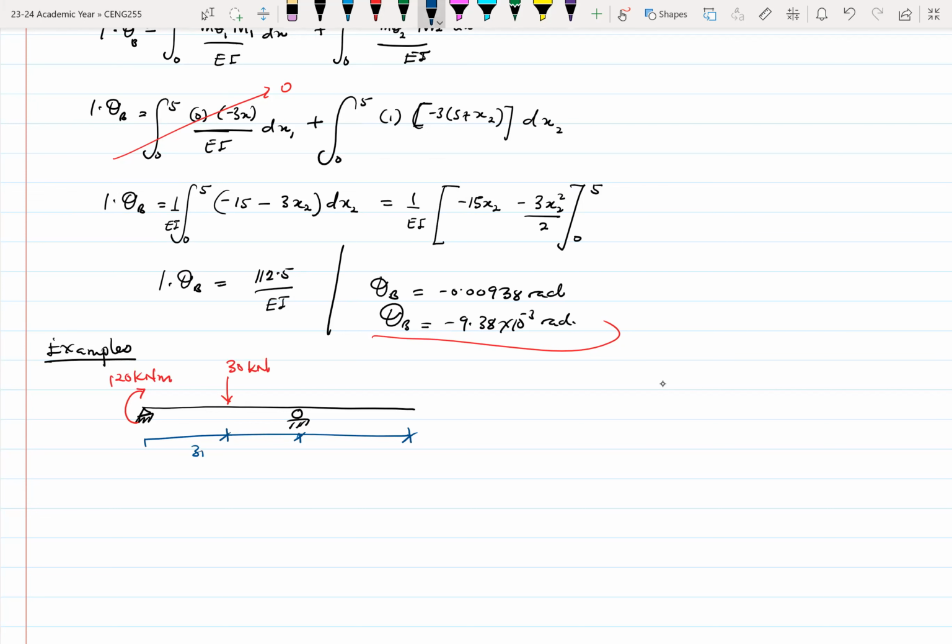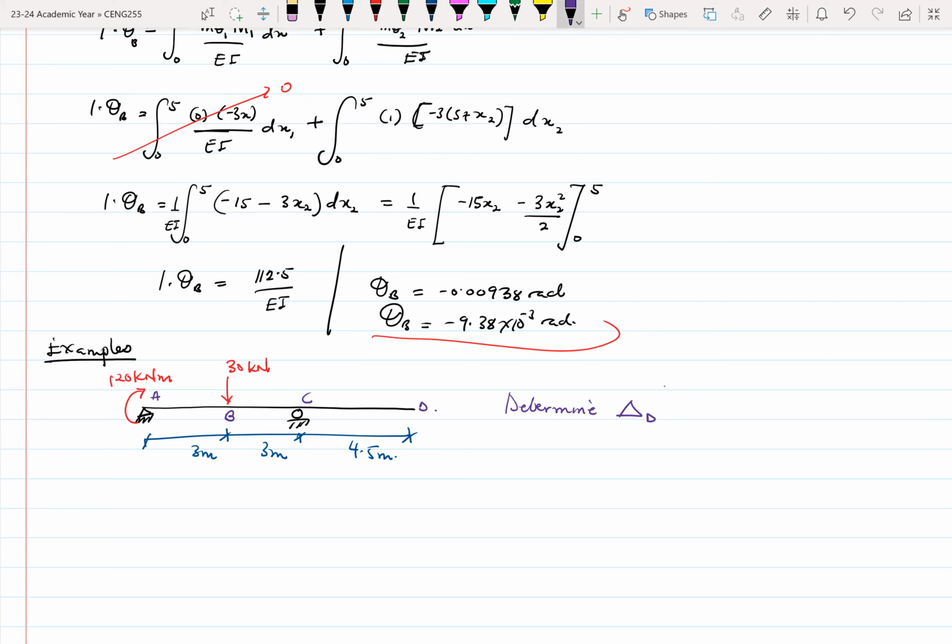Here's 3 meters, 3 meters, and this is 4.5 meters. Right. So points A, B, C, and D. And then the question says determine delta D.